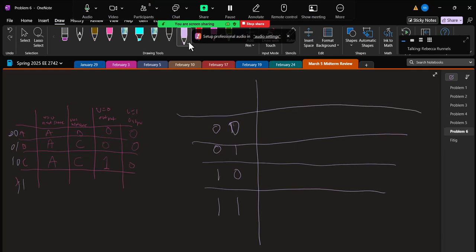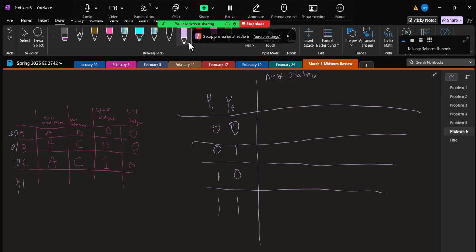Then I'm going to call the first one of these Y1. The second one, I'll call Y0. Okay, so then I have my next state, and I'll use lowercase letters for these.